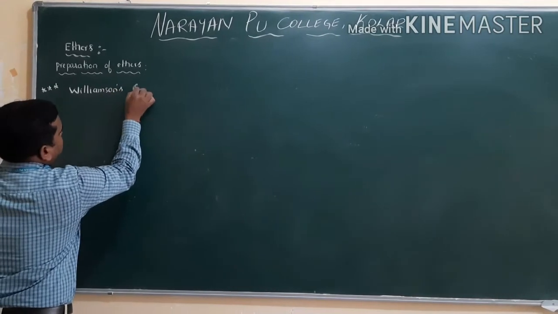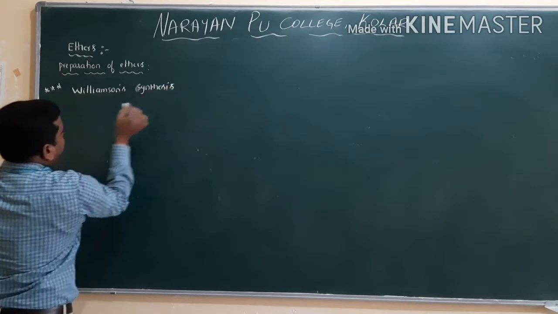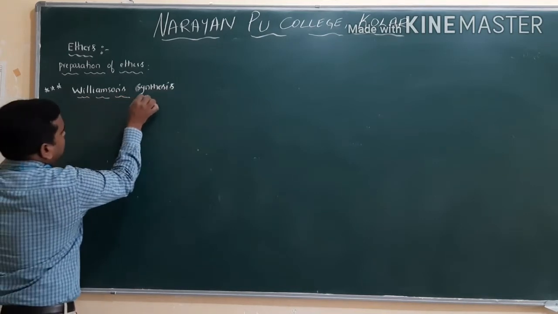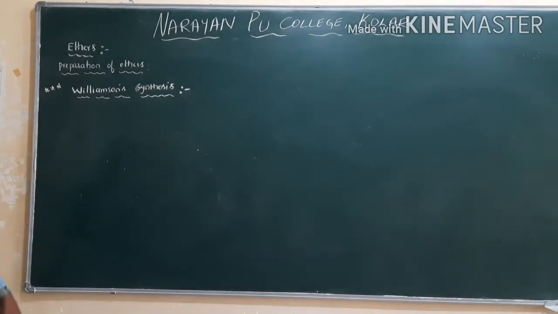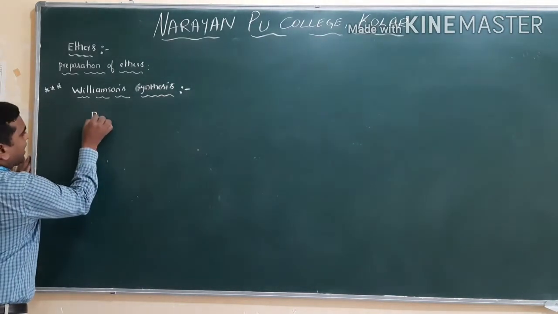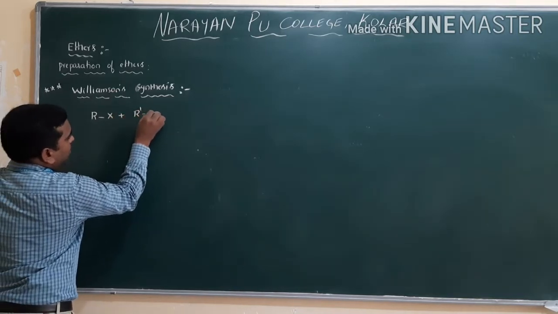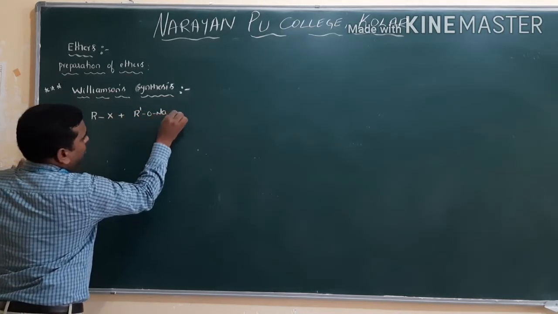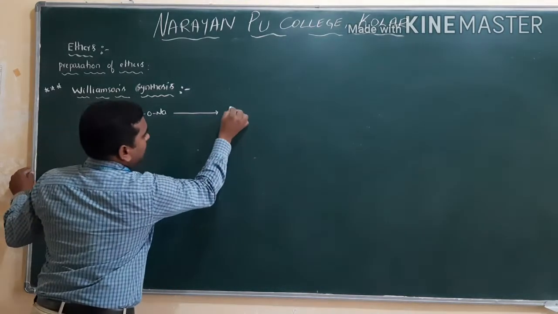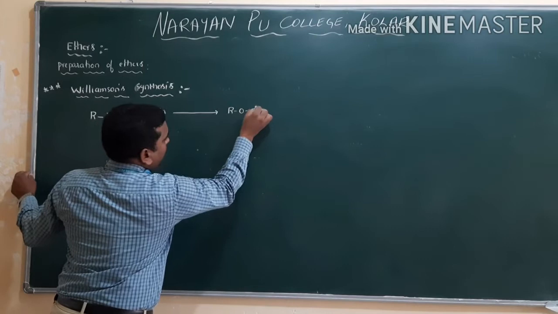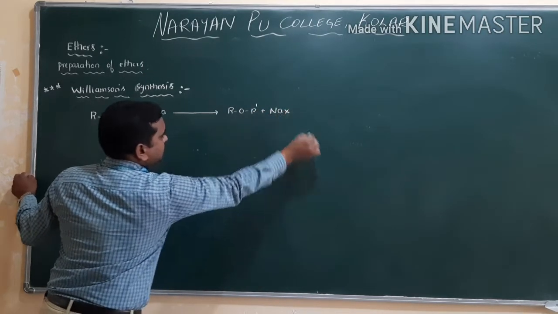So next one is Williamson's reaction, or sometimes they will call it Williamson synthesis, or you can simply say Williamson's reaction. So what is the Williamson's reaction? You know that alkyl halide reacts with sodium or potassium alkoxides and forms ethers: R-X plus R-ONa gives R-O-R plus NaX.